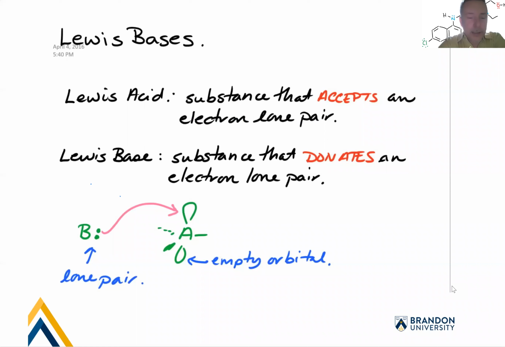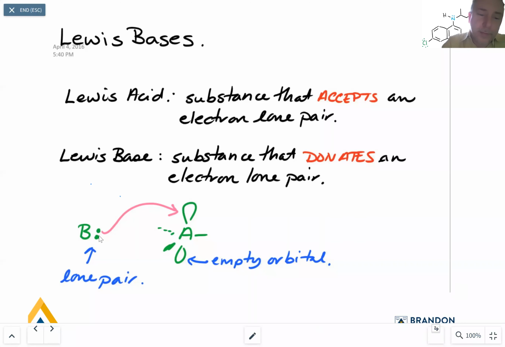So the classic example, which is used in most of the textbooks, is usually an amine, I guess, with a lone pair attacking a compound that's got an empty orbital of some type. Here we've drawn A and it's got an empty p orbital.